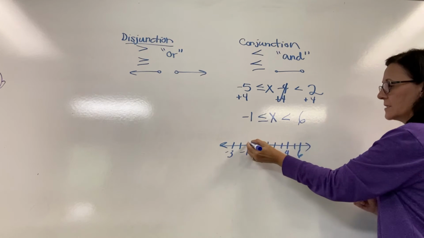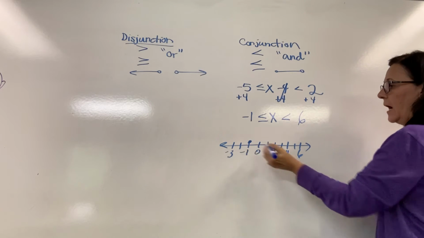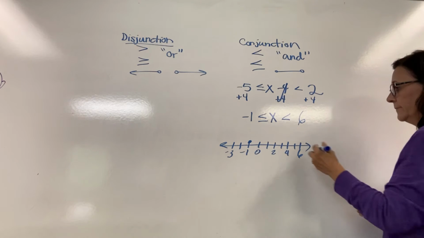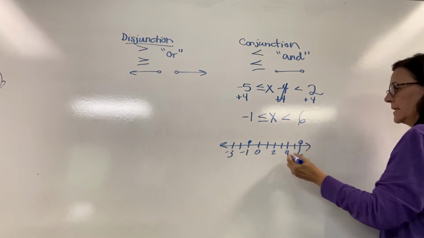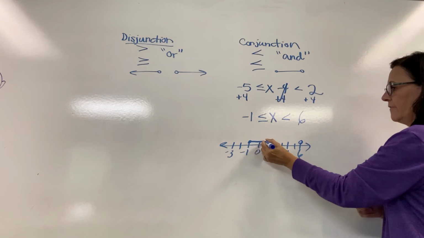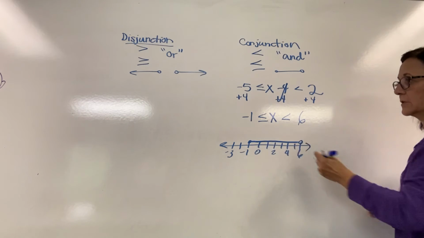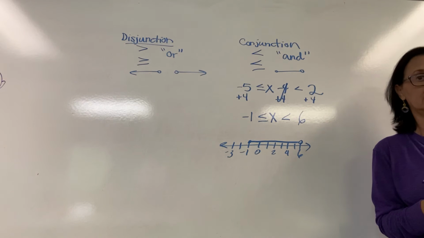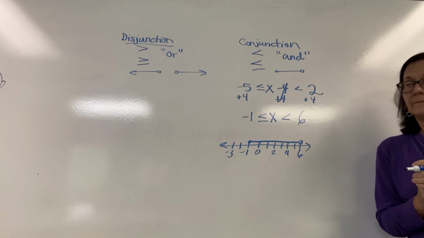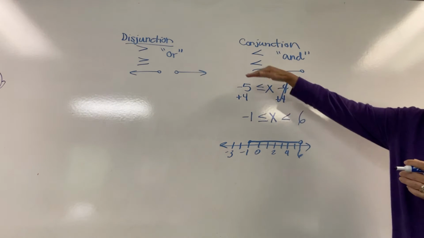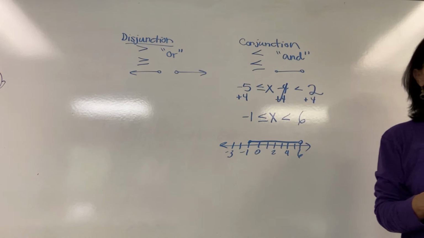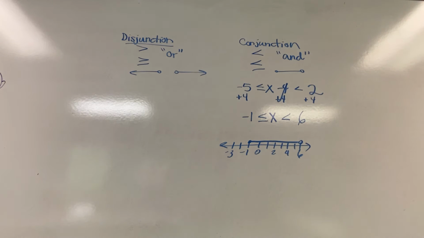I start at -1. I know that it equals -1. And I'm going to go all the way to 6. It cannot equal it. And when I graph it, it looks like that. And notice my signs look like that as well. That will always be the case.